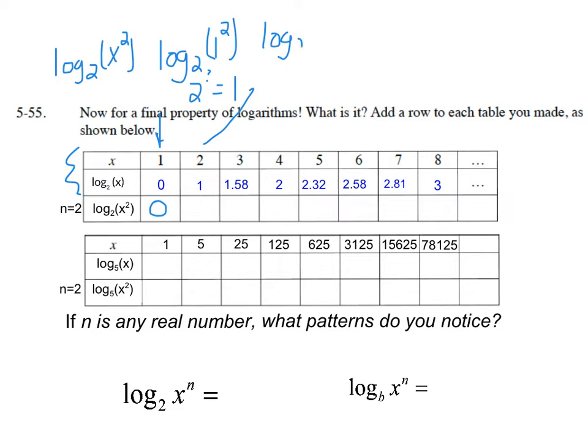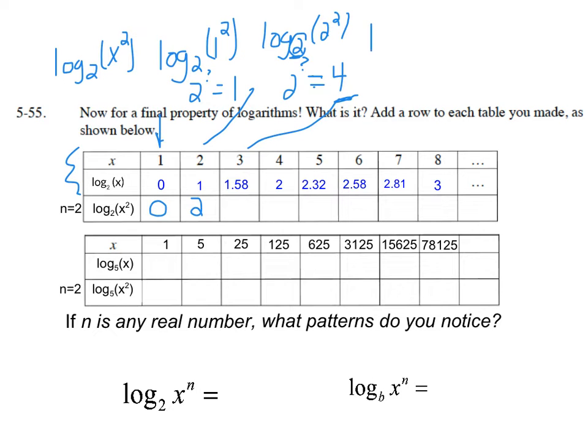Log base 2 of 2 squared. Well, 2 squared is 4. So I've got this 2 right here. 2 to what power equals 4? Well, that's got to be 2. Let's take a look at this next one.